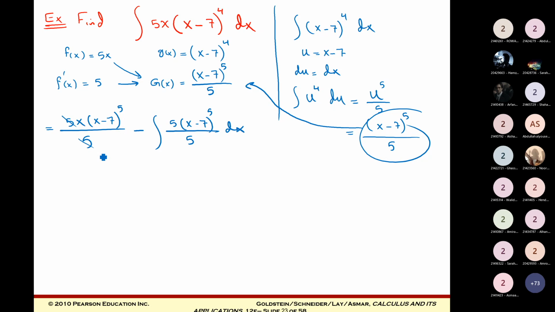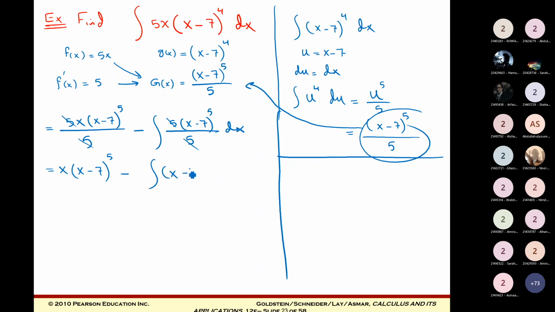Cancel 5 with 5, so we have x minus 7 to the power 5 minus, cancel 5 with 5, and now the integral of x minus 7 to the power 5 dx.